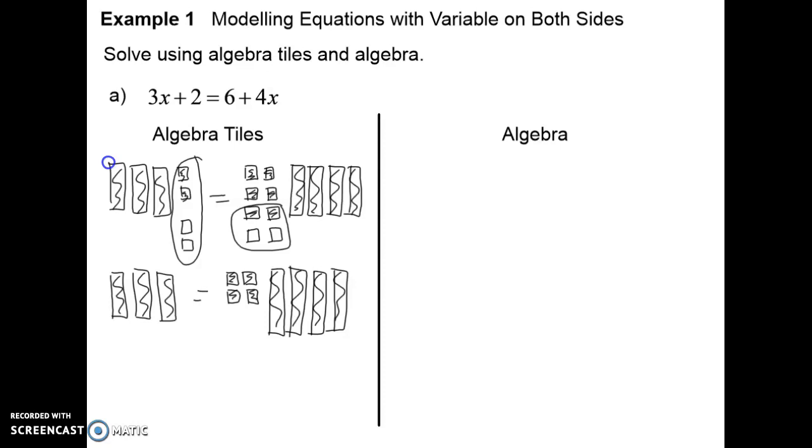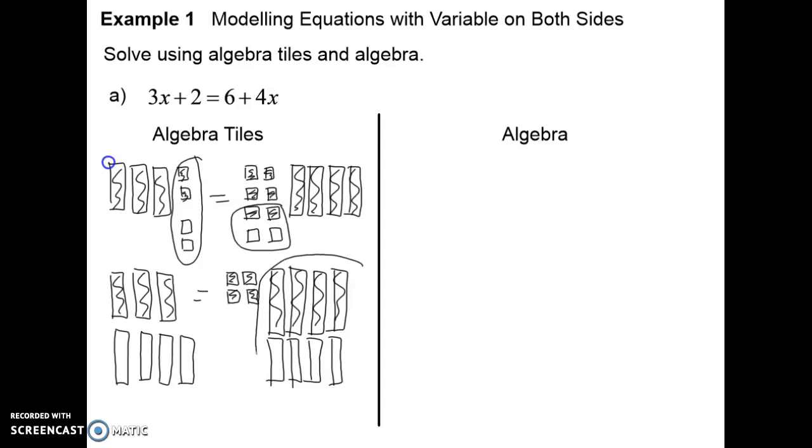Okay, so now let's get rid of the x tiles on this side, on the right-hand side, by adding negative x tiles. And if we add 4 negative x tiles to the right-hand side, we have to add 4 negative x tiles to the left-hand side. These are all going to make a zero pair, so they're going to cancel. And 3 of these are going to make a zero pair.